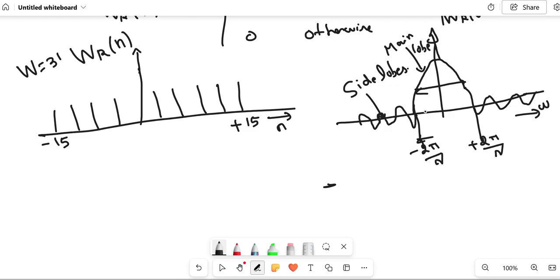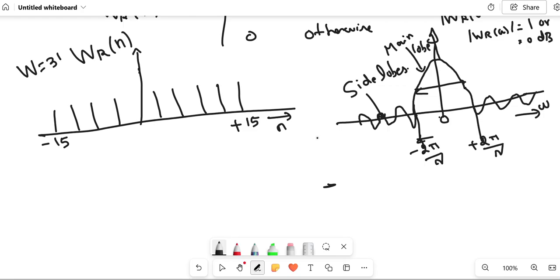The width of the main lobe is defined as the distance between the 2 points closest to omega equal to 0, where the magnitude of the rectangular window W R of omega equals 1, or you can say 0 dB.